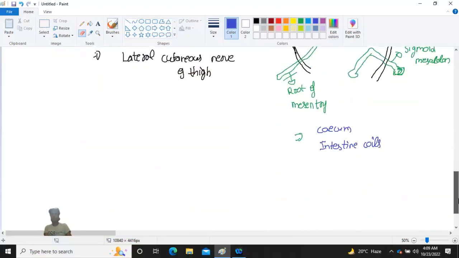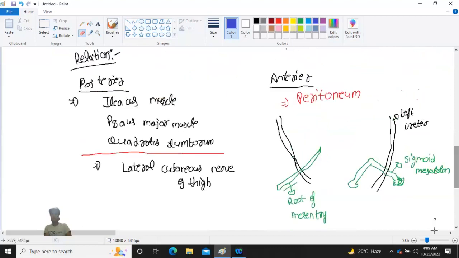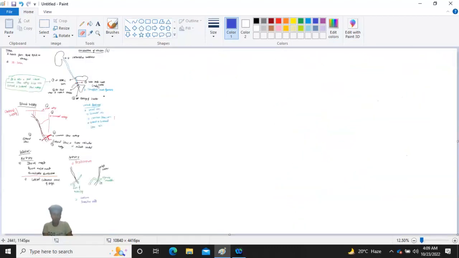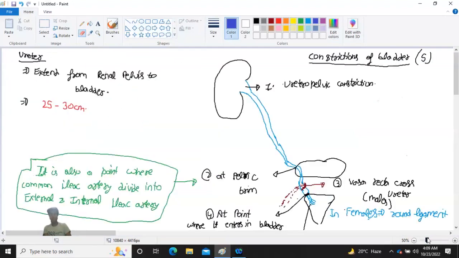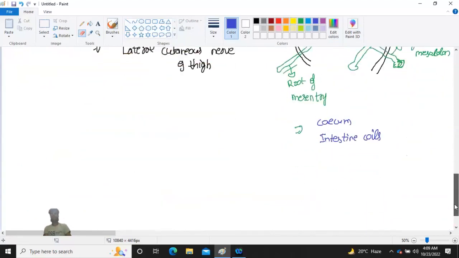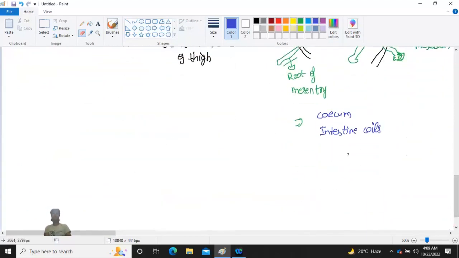Then this is about the ureter, full things: length, extension, orientation, all things. So next time we are starting the head and neck portion. Thank you.